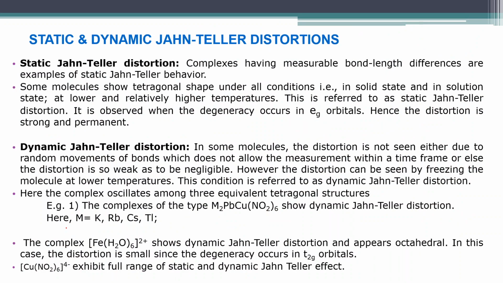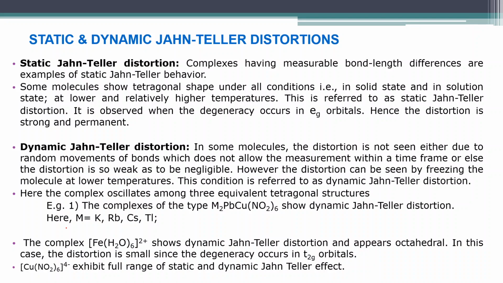The next types of Jahn-Teller distortion are the static one and the dynamic one. Static Jahn-Teller distortion means complexes having measurable bond length differences. Static means stable or staying idle, and dynamic means moving.